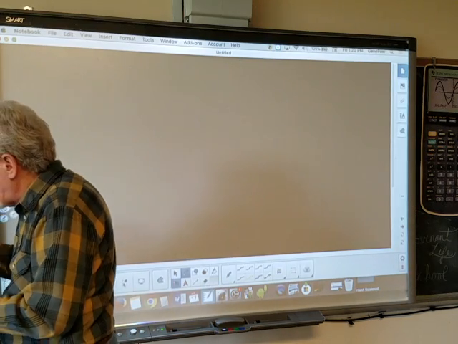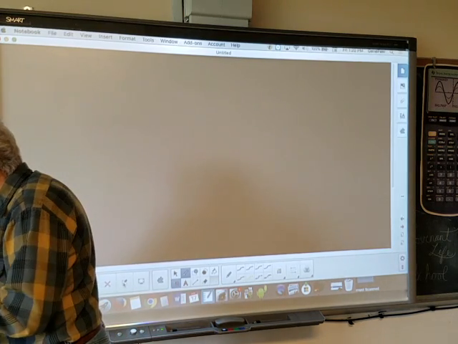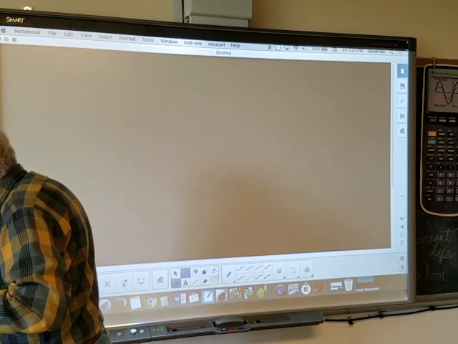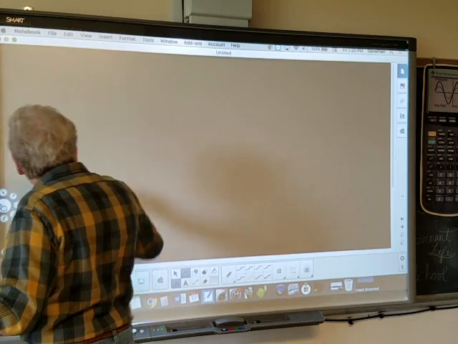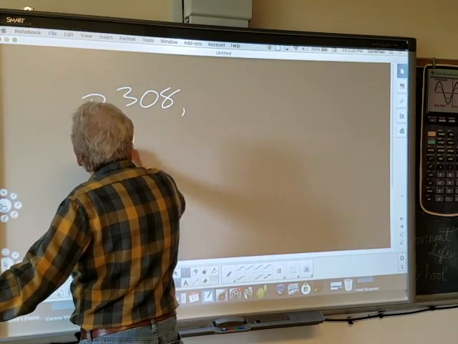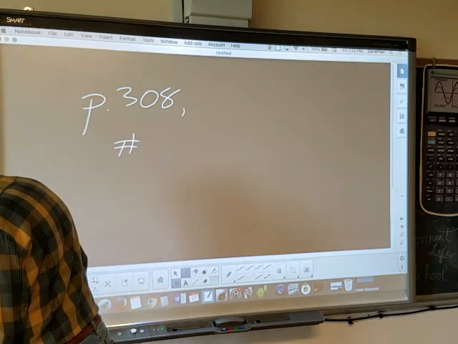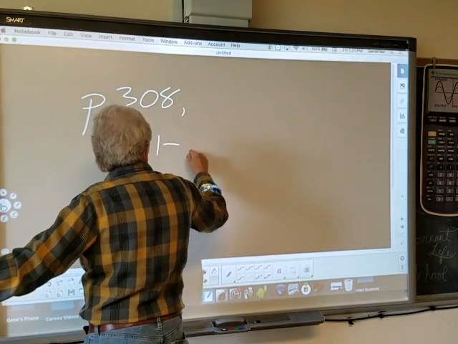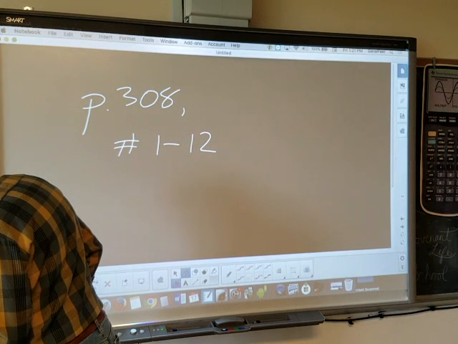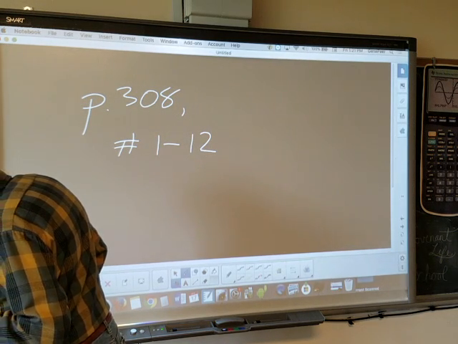What shall the assignment be? The assignment shall be on page 308. Page 308. Numbers 1 through 12. Yep, that's it. 1 through 12.